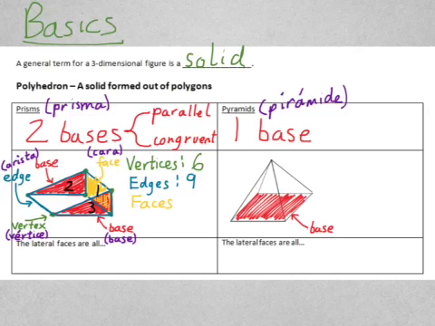So, all bases are faces, but not all faces are bases. There we go. We still got a couple more. The bottom face is 4. Then there's also one on the very top. That top rectangle is 5. So we have 5 faces on this triangular prism.